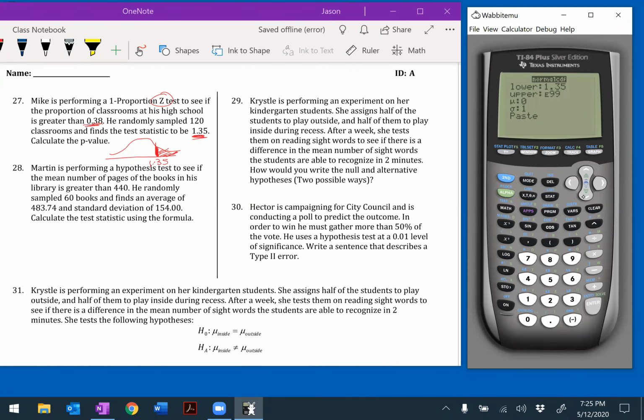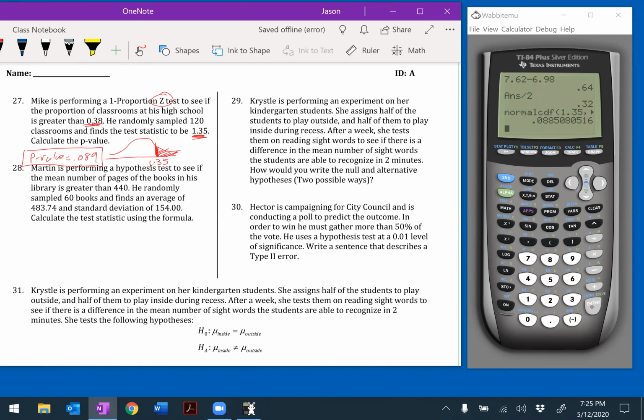It's already z'd out, so let's do paste here. And it's 0.089. So the p-value is 0.089.